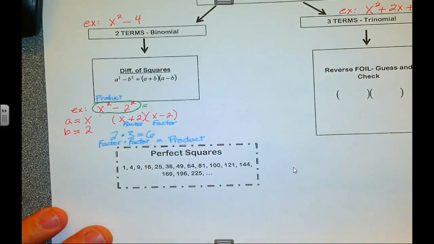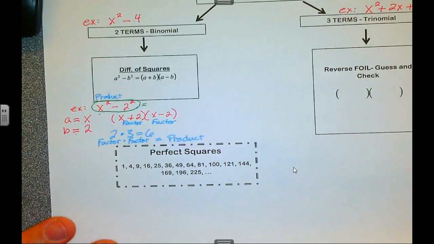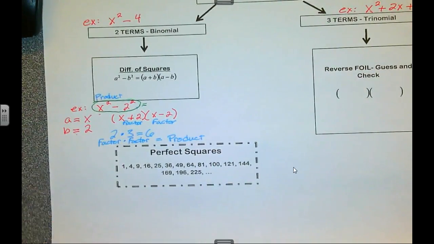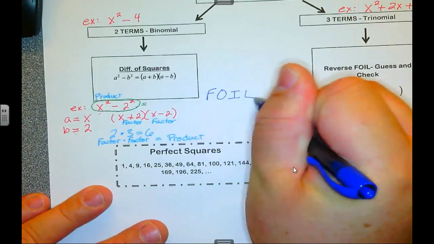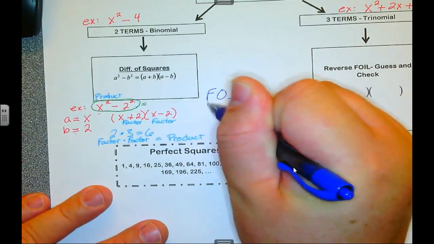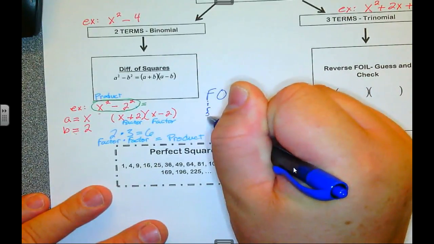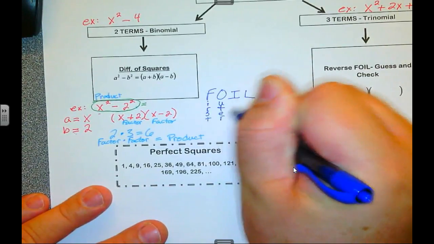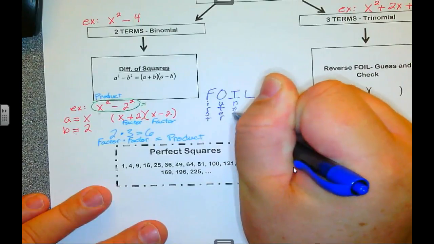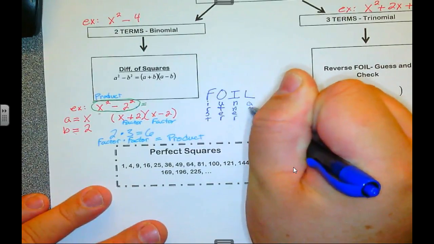How do I multiply a binomial times a binomial? FOIL, right? First, outer, inner, and last.